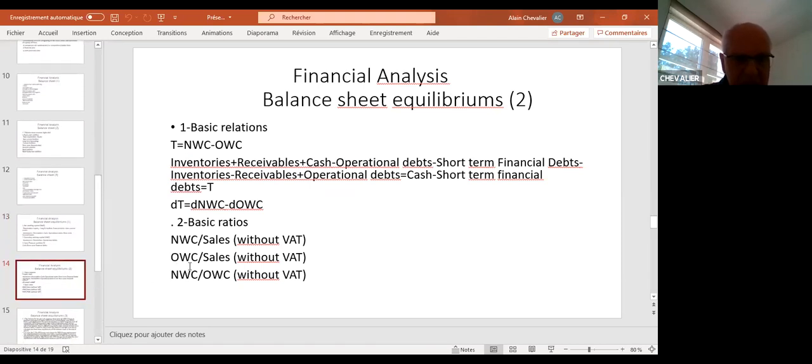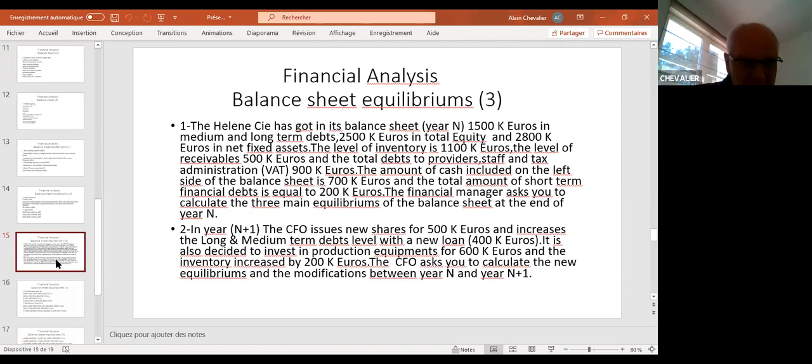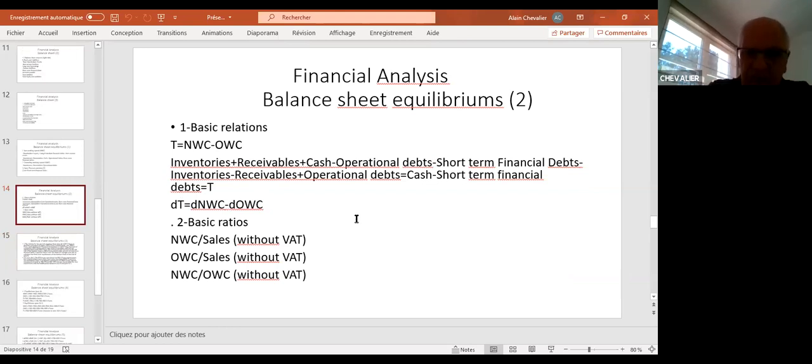Okay. And I was here yesterday evening at the end of a presentation with the basic relations between the net working capital and the operating working capital, which allow us to calculate the level of the cash position of a firm. And the second point here, before having a look at the ratios, was to say, okay, this is true.